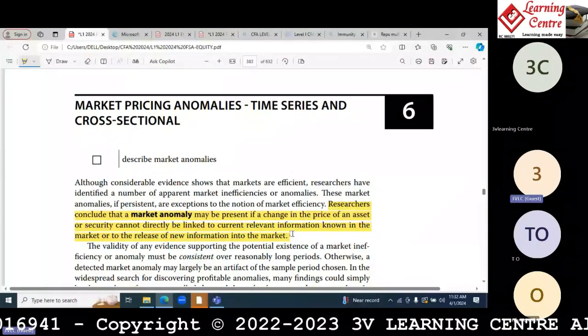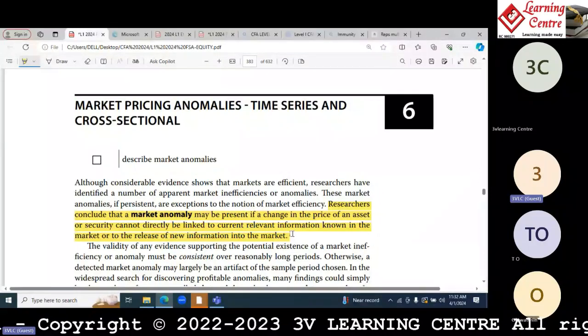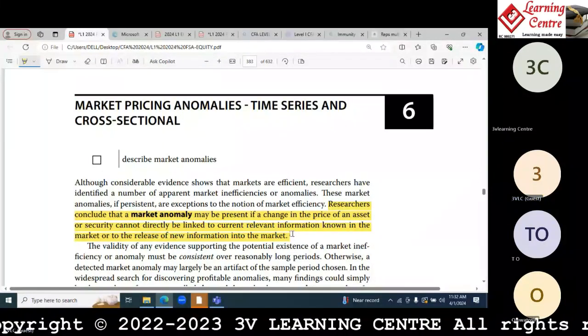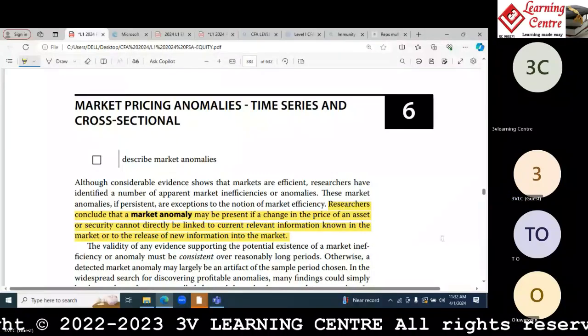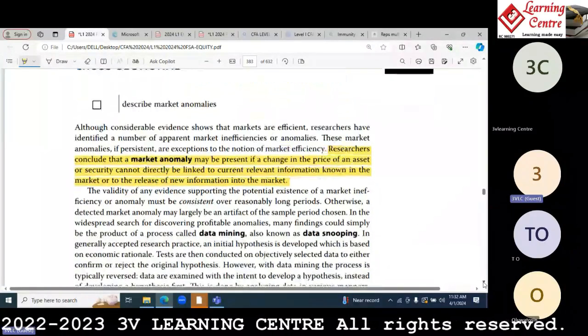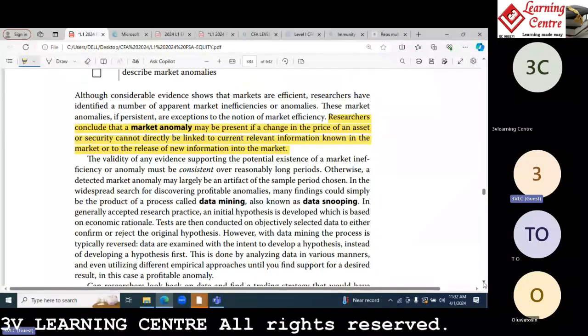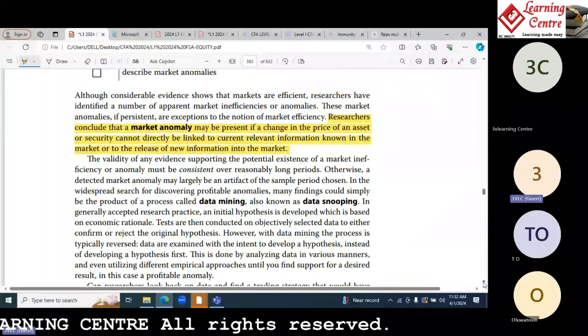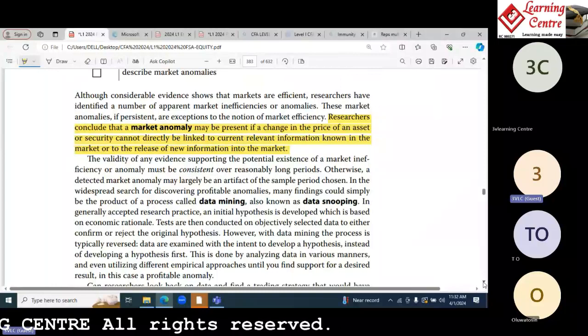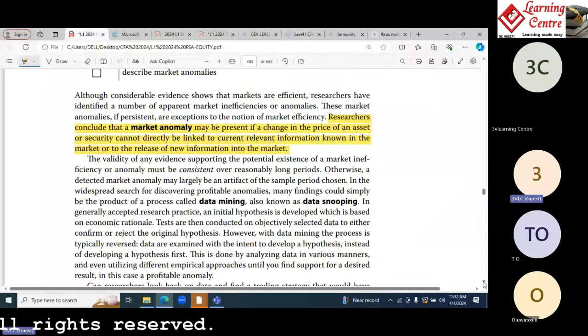Then we could call that price movement a what? An anomaly. Yeah. So what we're saying is prices must always move as a result of information. But when prices move without anything attributable to information or a new information, then we call that an anomaly.